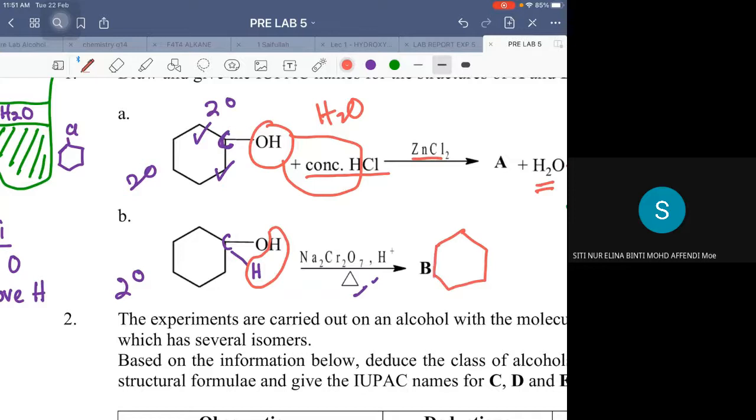Kita usik sesuatu yang berada di functional group saja. So since kita remove the H, both of the H, carbon ini tinggal O je. Dan dia tak cukup bond. O tak cukup bond, carbon pun tak cukup bond. So apa yang kita buat adalah we make double bond with the O.